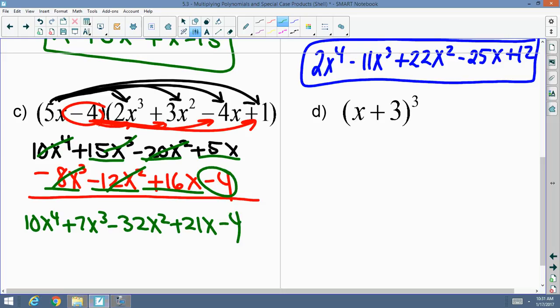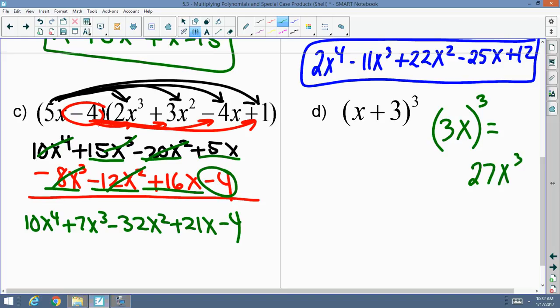Now, for D, guys, this is the one that I really need you to pay attention to because there's a huge pitfall that a lot of people fall for here. If I had 3x to the third power, what would that be? 27x cubed, right?